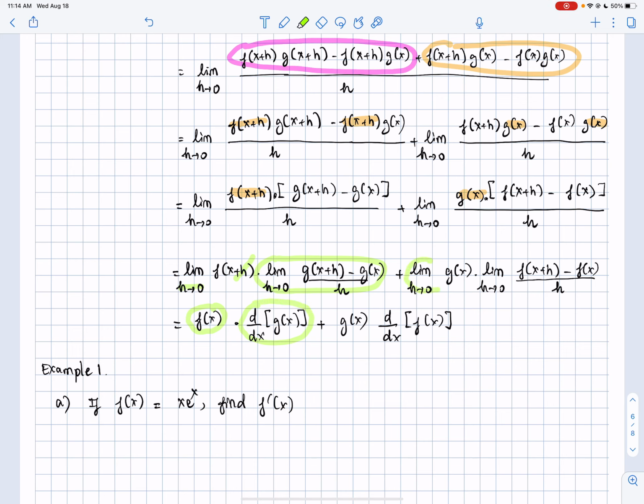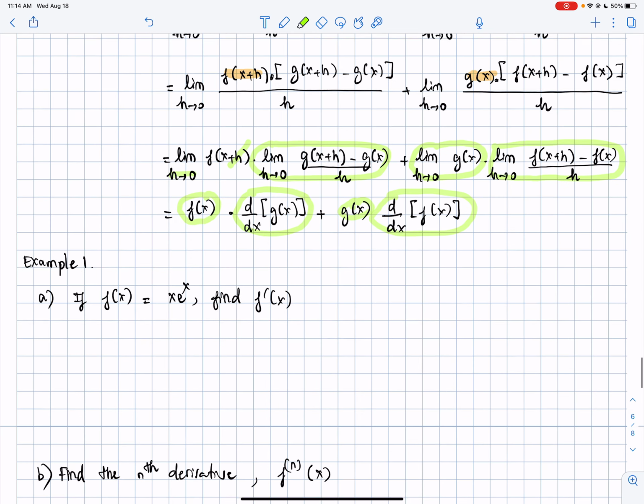The limit of g of x as h approaches 0: there's no h in here, so g of x is like a constant, so it's equal to g of x. And the limit of f of x plus h minus f of x, divided by h, as h approaches 0, by definition is the first derivative of f of x.